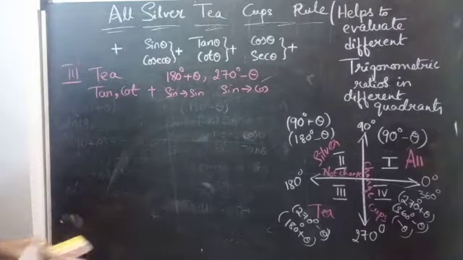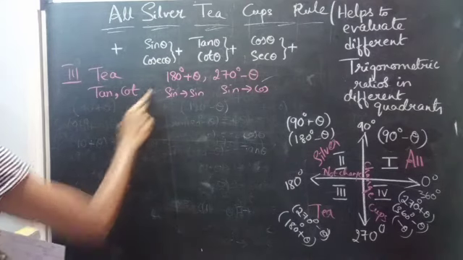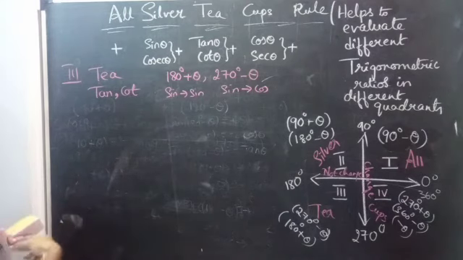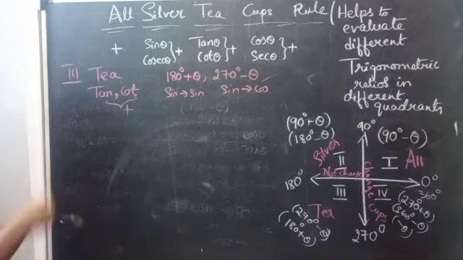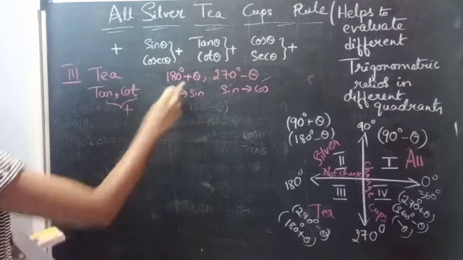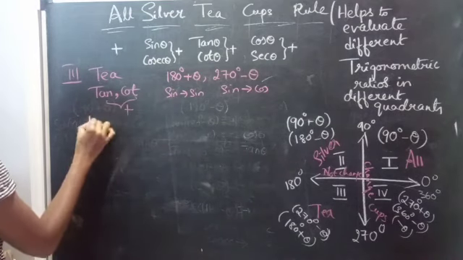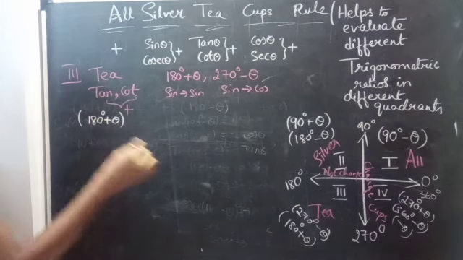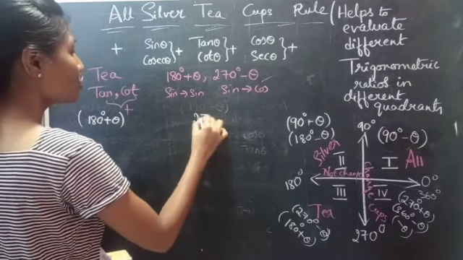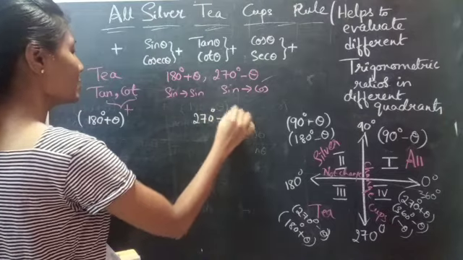And the positive or negative signs depend on the quadrant rule.